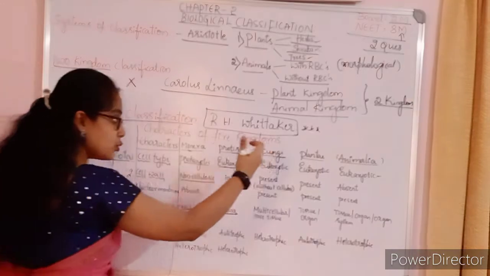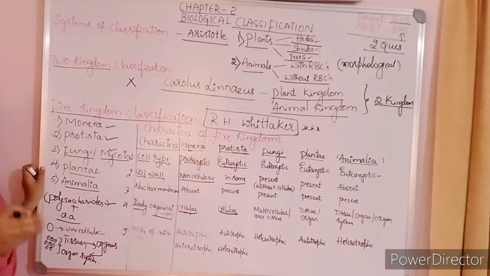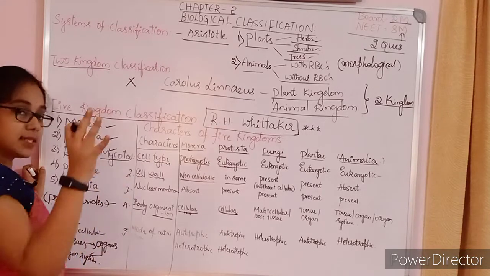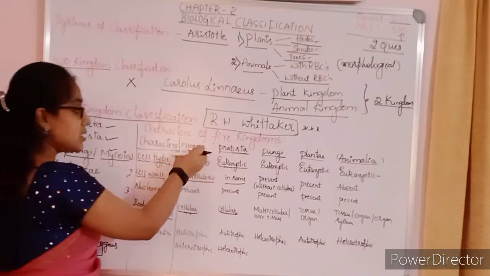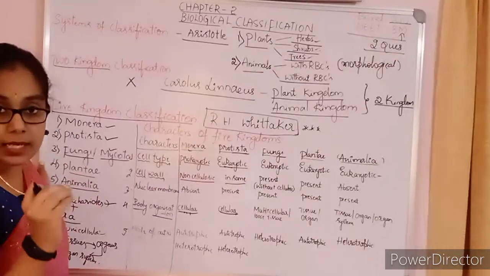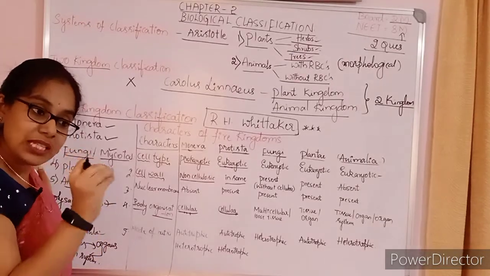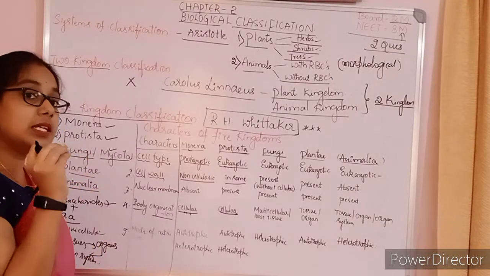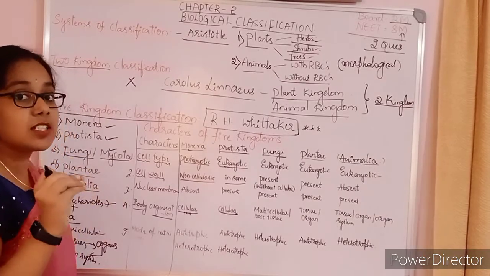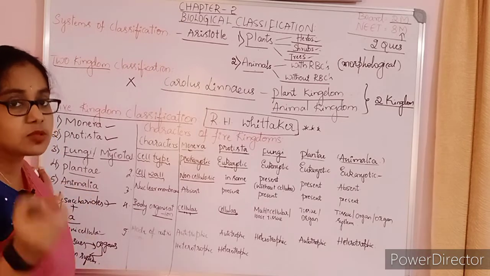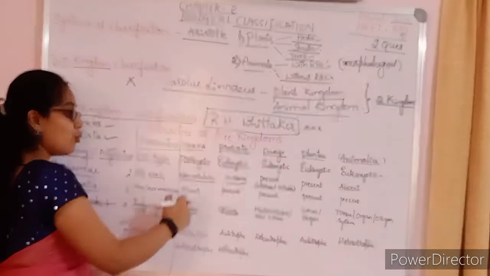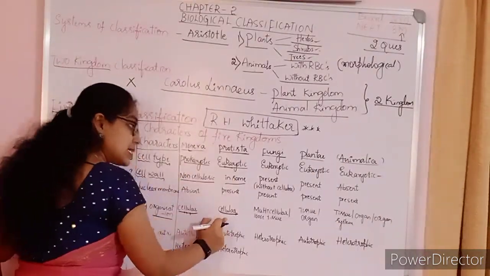Kingdom Monera and kingdom Protista are unicellular organisms. When a kingdom has unicellular organisms, you cannot expect tissues, because unicellular means only one single cell is present. So body organization of Monera is cellular, and Protista is cellular.